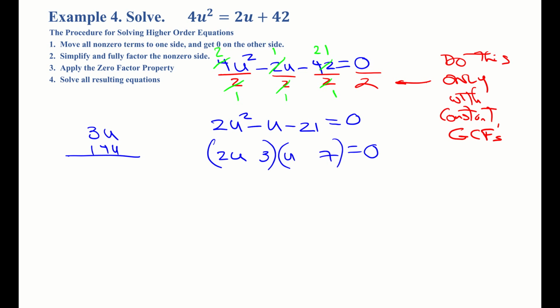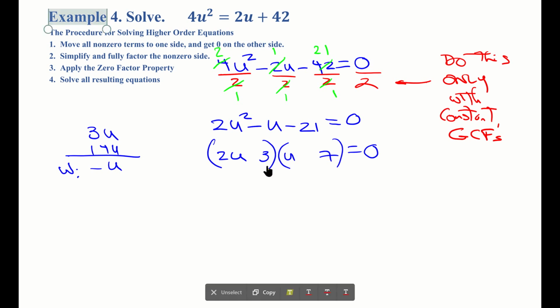I want to be able to combine those and get negative u, right? That's what I want. Notice that can't happen because there's no combination of 3 and 14 that's going to give you negative 1, right? So do I give up on 3 and 7? Not yet. Remember, you always have to try it the other way around because that'll give you different results. So we'll try 7 here and 3 there and see what happens.